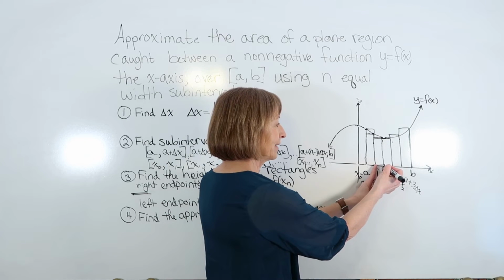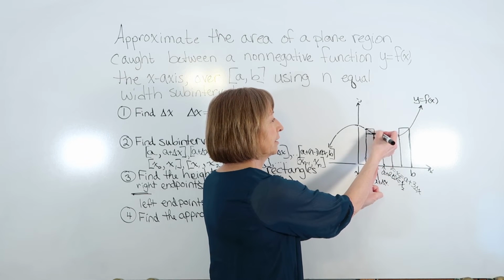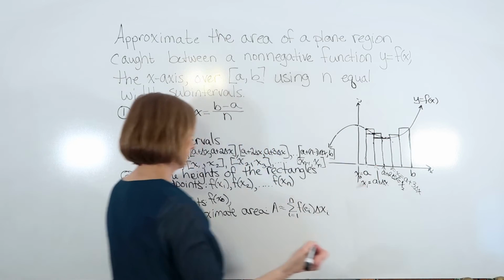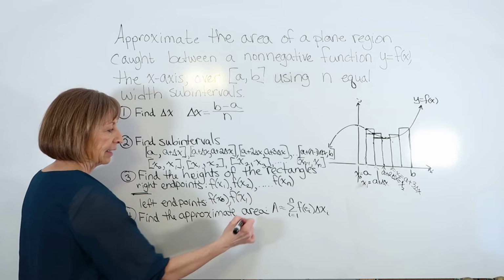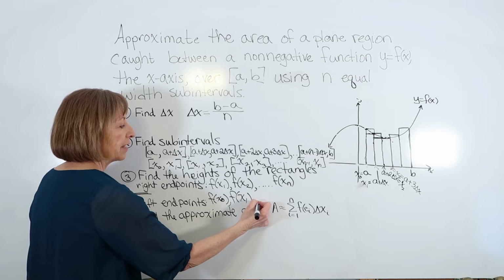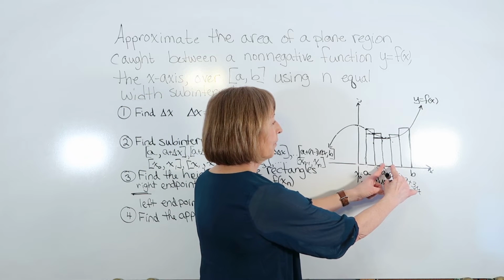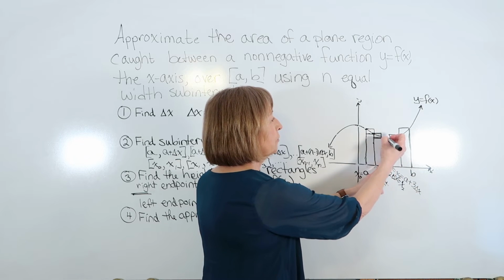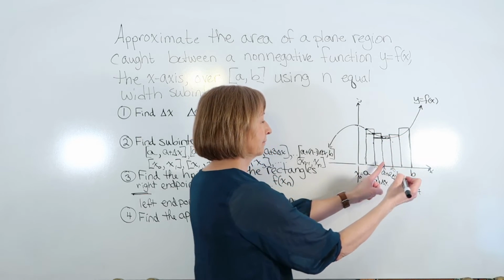And then for the second subinterval, I'm going to run x sub 1 through the function and get its height. And then for the third subinterval, I'm going to run x sub 2 through the function and get the height.